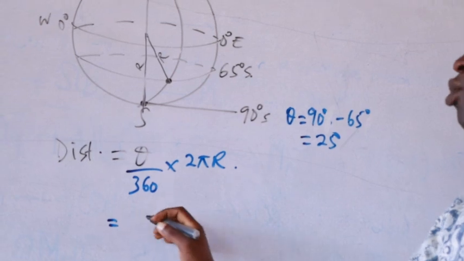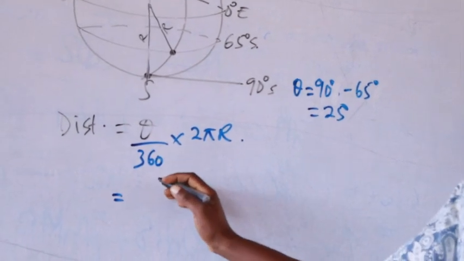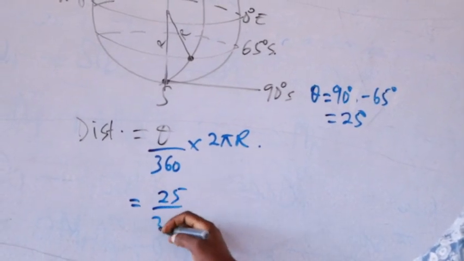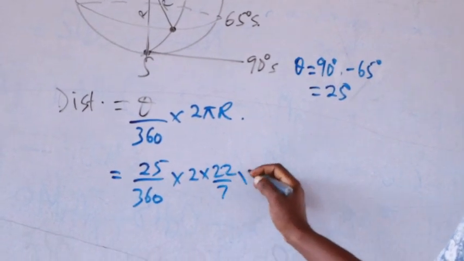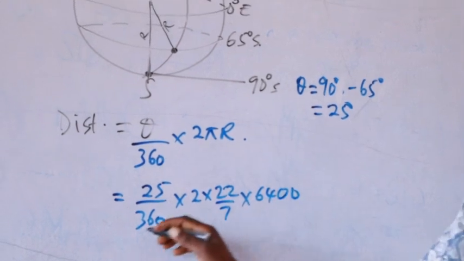So we now do the substitution as 25 over 360 times 2 times 22 over 7 times 6,400.